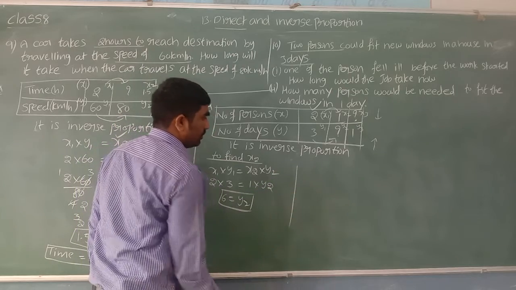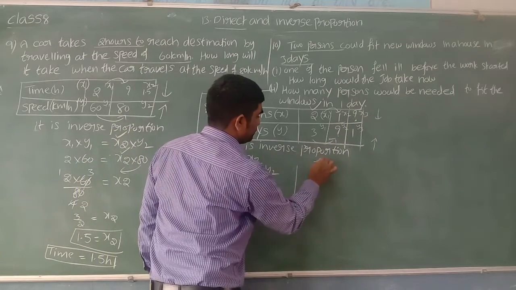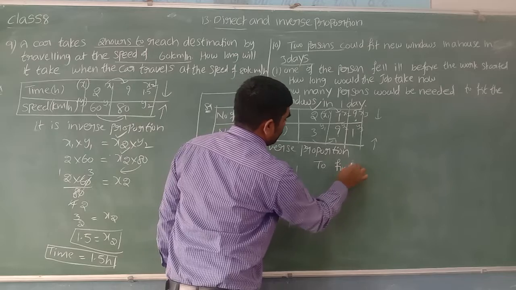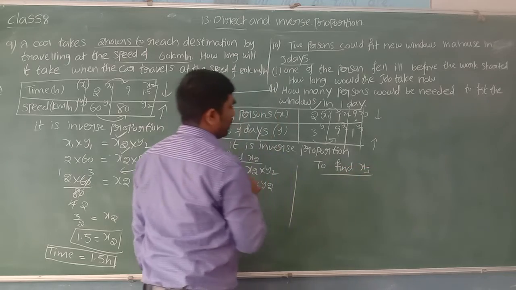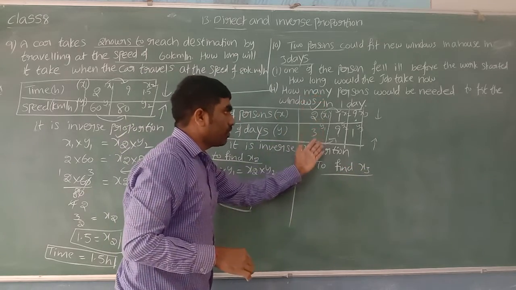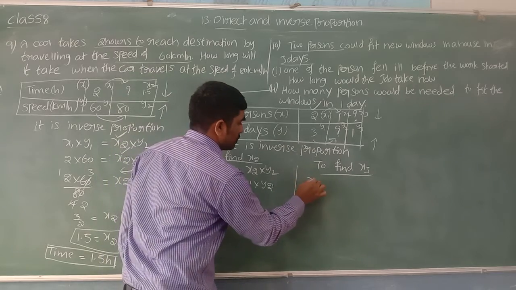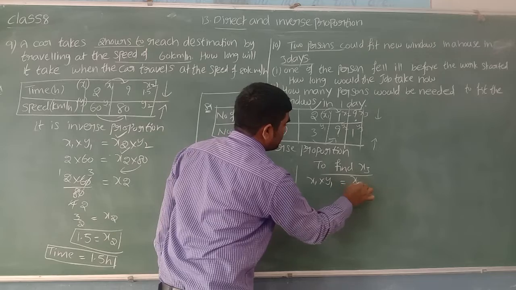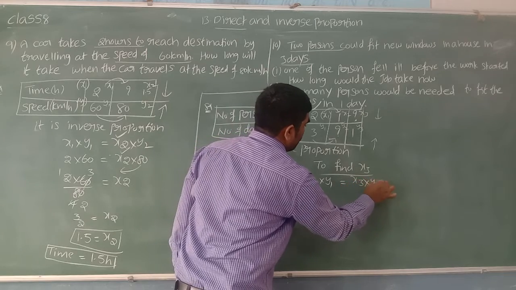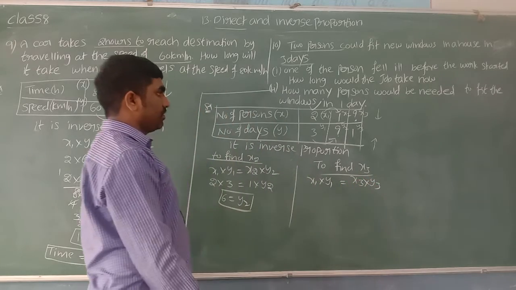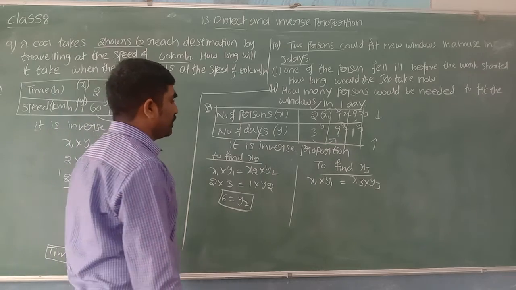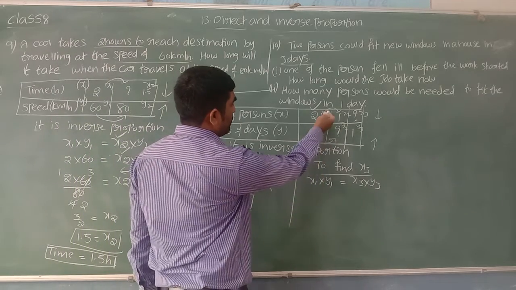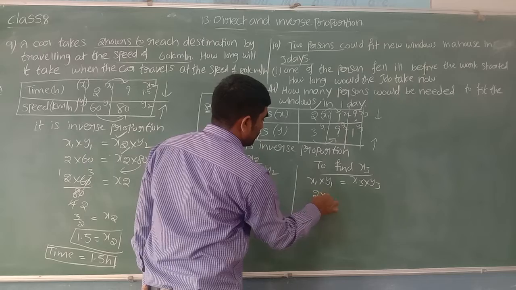And next we go on to find x3. How? By using the known quantities x1 and y1. If it is inverse proportion, the product of corresponding values x1 into y1 is equal to x3 into y3. What is x1 into y1 here? 2 into 3.